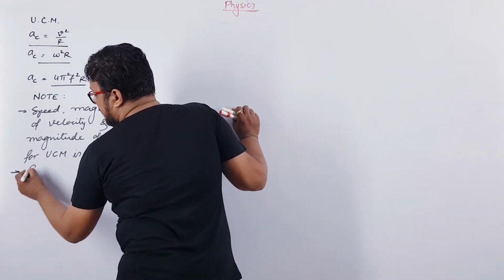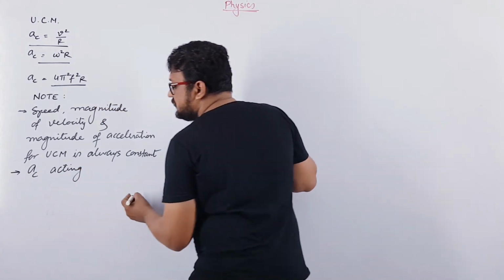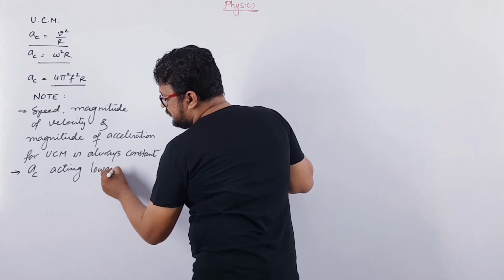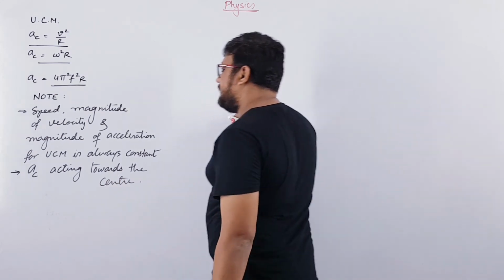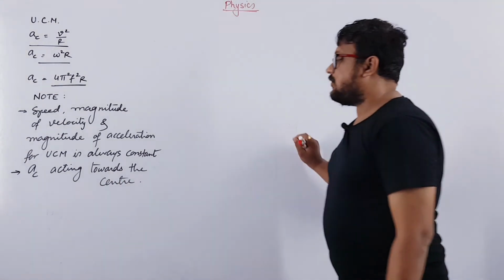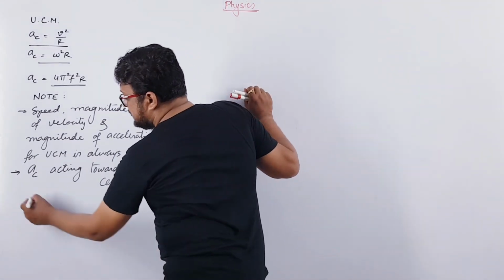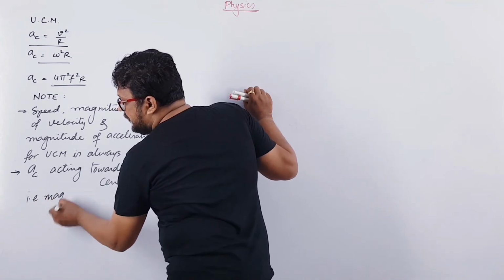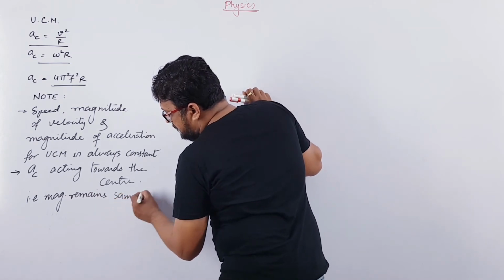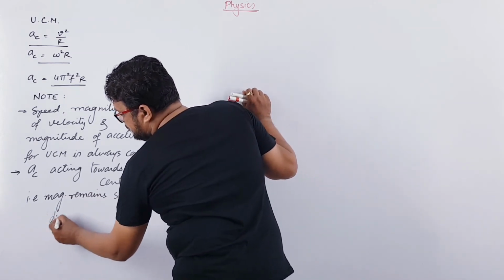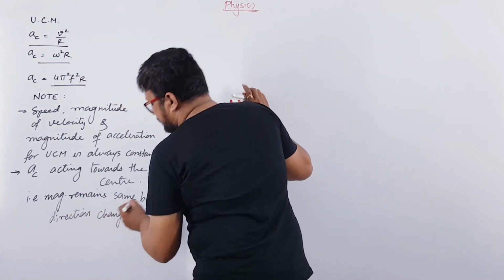What will be the direction of centripetal acceleration? Centripetal acceleration is always acting towards the center of the circular path. Right, so its direction will keep on changing, that is, magnitude remains same, but direction changes.